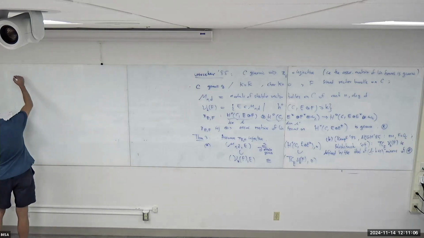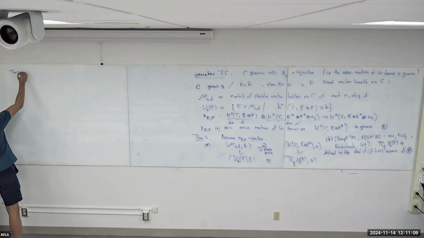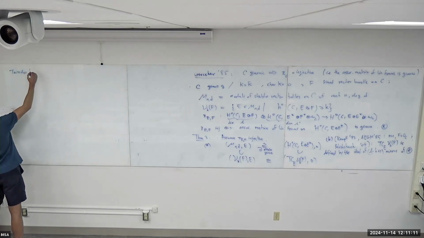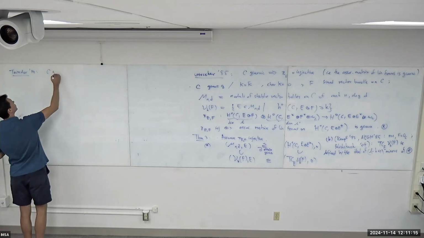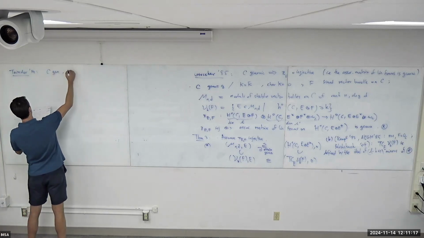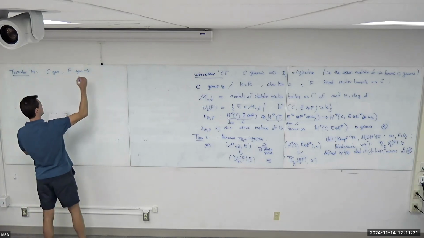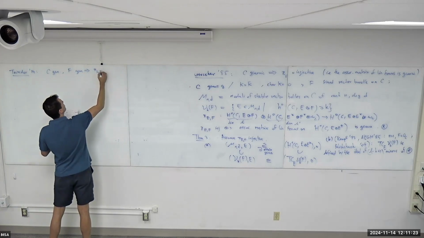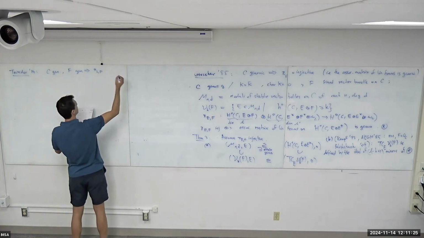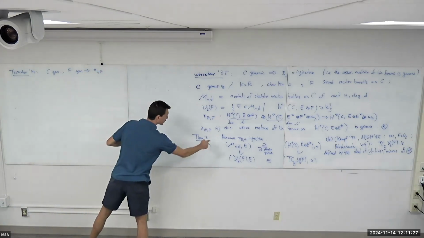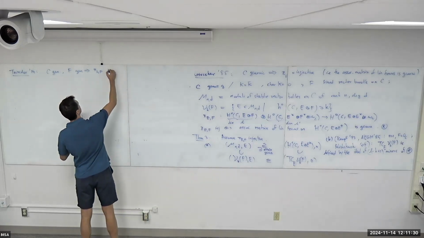Let me just mention here, there is a result claimed by Teixidor that says that if C is generic and F is generic, then the theta map, in the case we're working with line bundles, is injective.